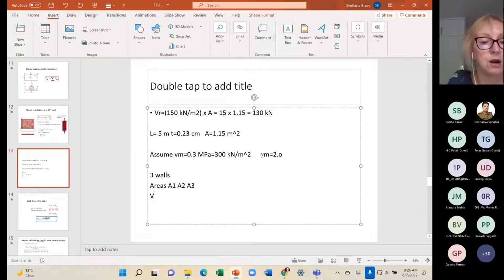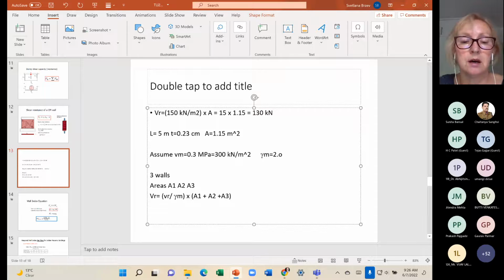So then VR for these walls would be equal to VR small divided by this gamma value, times the area A1 plus A2 plus A3.